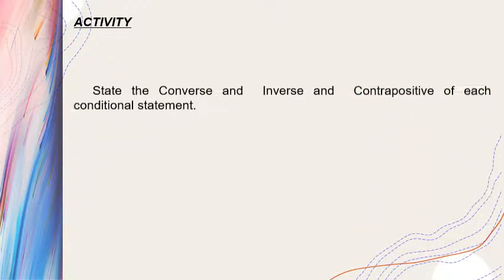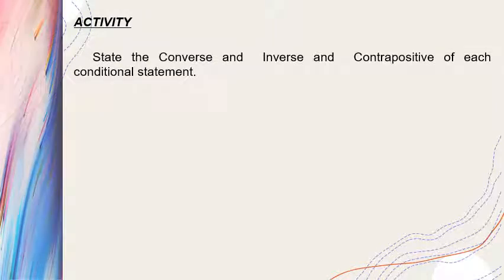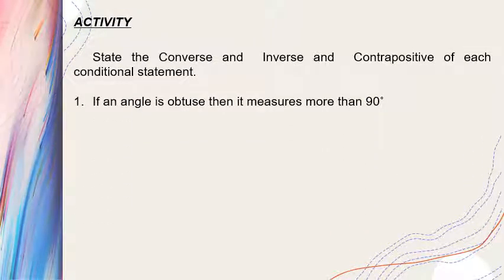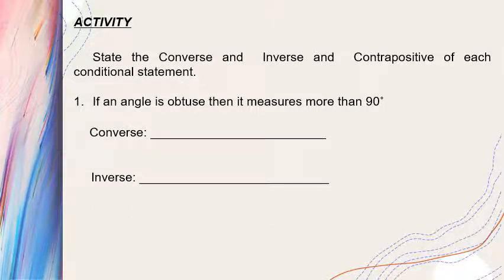Activity. State the converse, inverse, and contrapositive of each conditional statement. Number 1, if an angle is obtuse, then it measures more than 90 degrees. We need to state this in converse, inverse, and contrapositive. Let's do the converse first. This is the conditional statement.